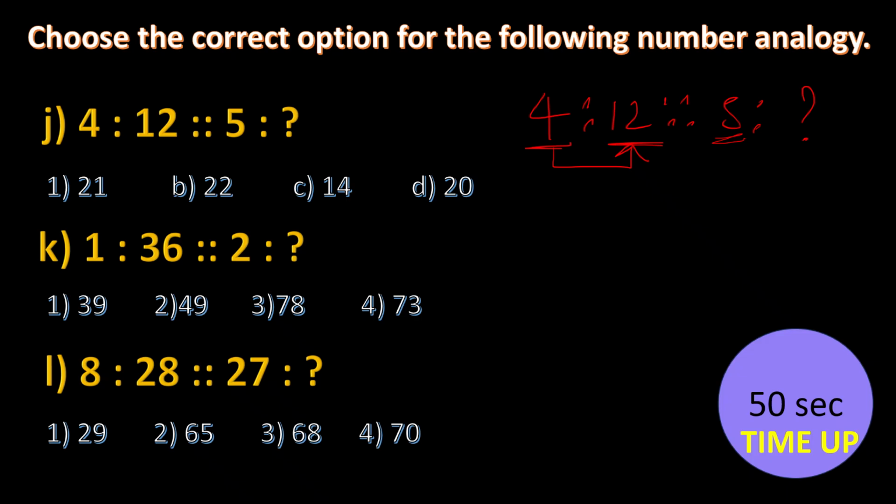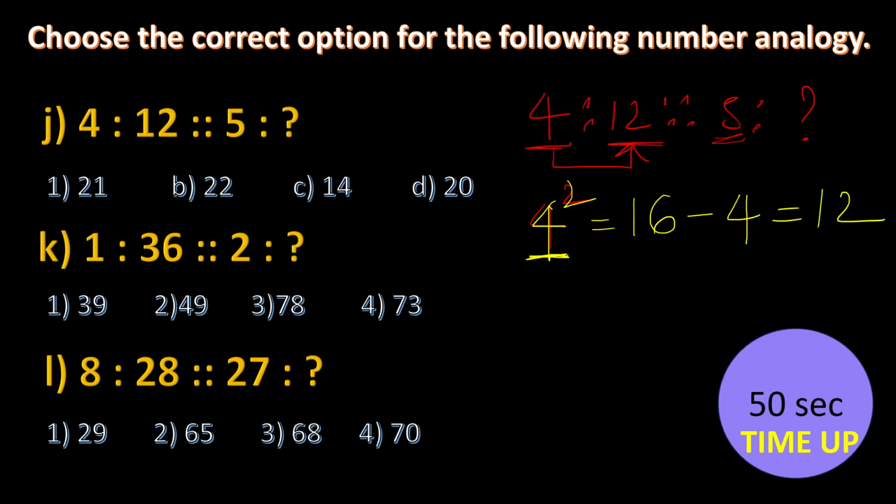So from 4, how are you getting 12? If I do 4 square, it is 16, and 16 minus the same number, that is minus 4, I'll get 12.